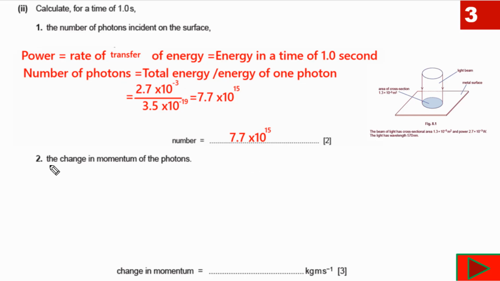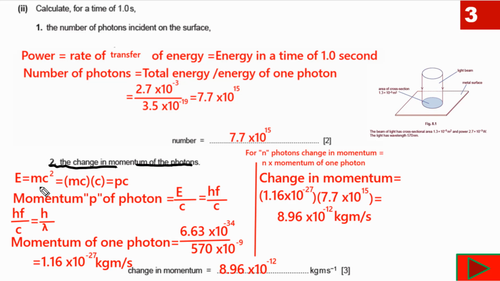For the second part, we simply need to calculate the change in momentum of the photons. But if we read the question carefully, in the previous part it is given to us that the light is absorbed by the surface and does not reflect back. So it simply means that the final momentum is equal to 0.